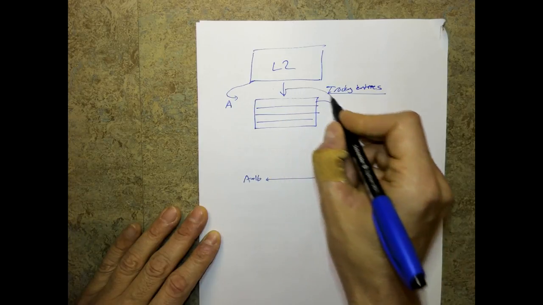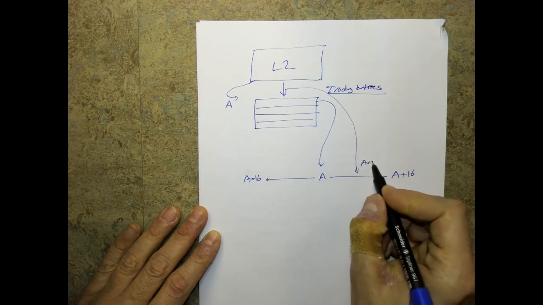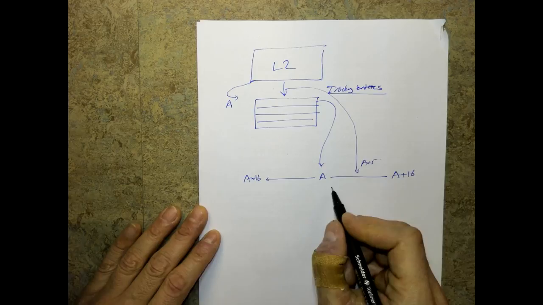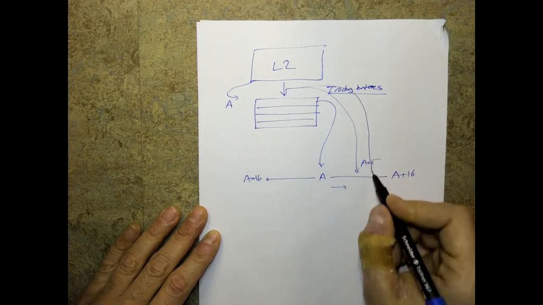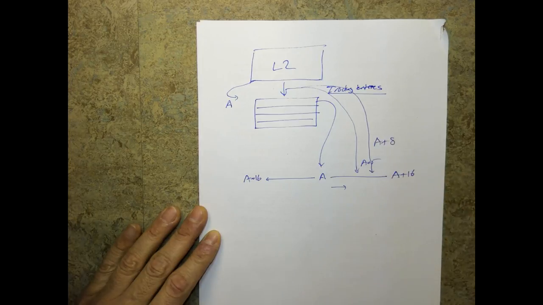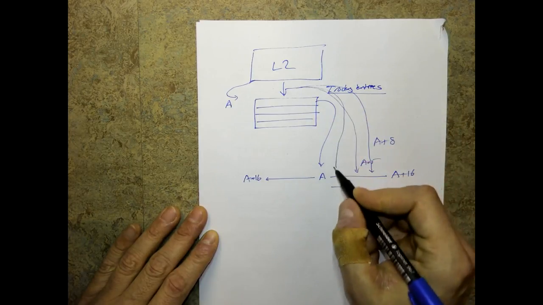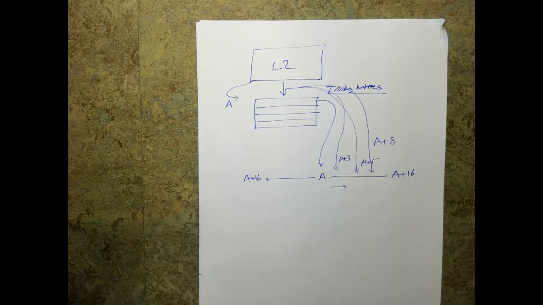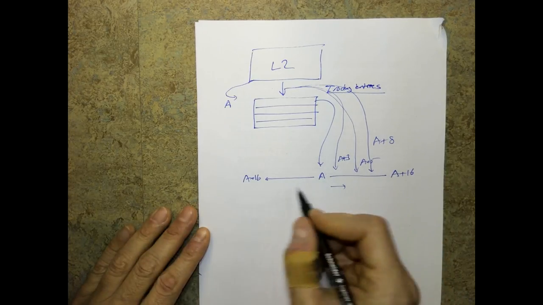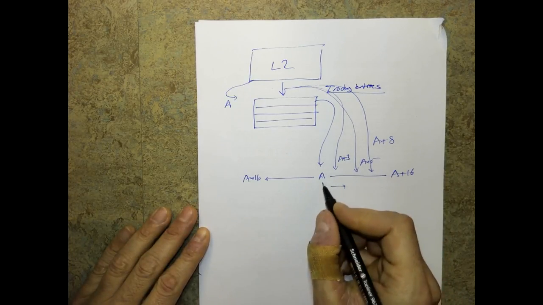Now, if you see another access, let's say to A plus 5, you say, oh, my direction is likely positive. If you see another access to A plus 8, now you're more confident. You're doing something in that region. If you see another one, maybe to A plus 3, even more confident. And then after some point, you become confident and you say, oh, I have trained my tracking entry.